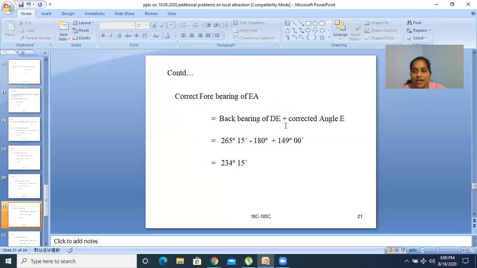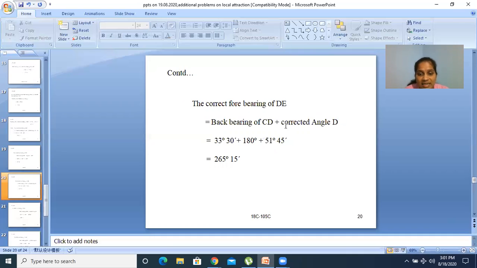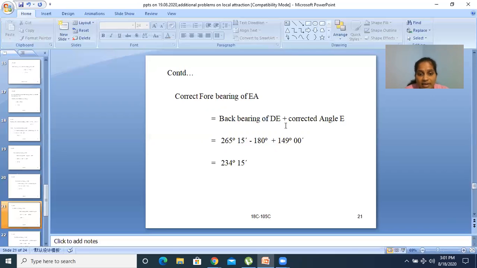Then the correct forebearing of EA line is equal to the back bearing of DE line plus corrected angle at E. The back bearing of DE line is the forebearing of DE line plus or minus 180, plus angle at that place.